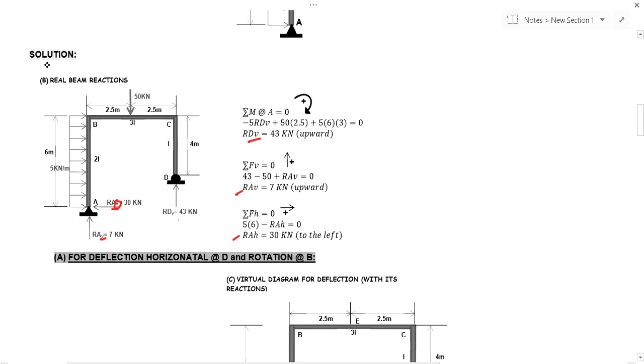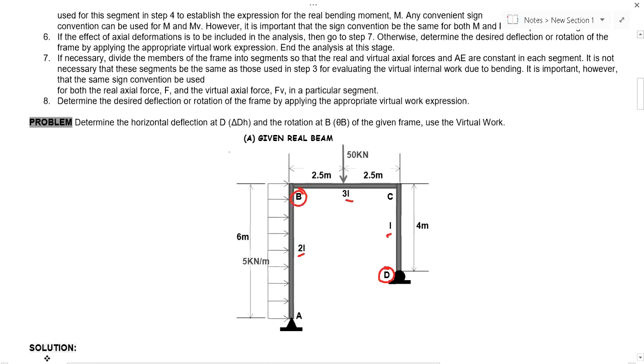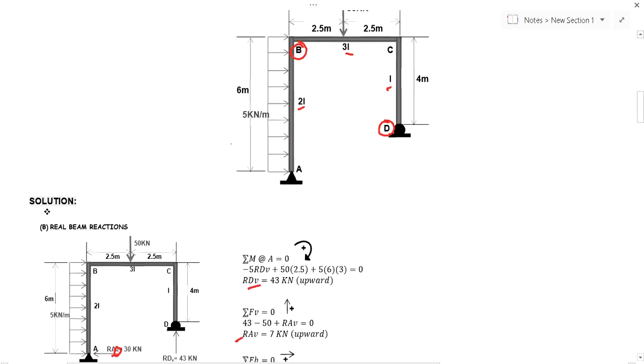After solving for the reactions of the real beam, we have to draw the free body diagram of our virtual system. Since we are going to solve deflection and rotation, we need to draw the free body diagram of our virtual system for both.